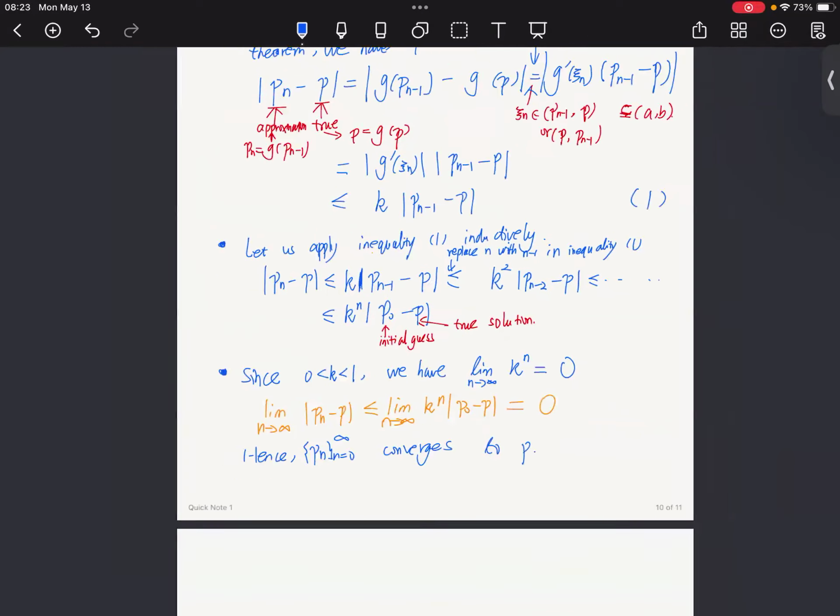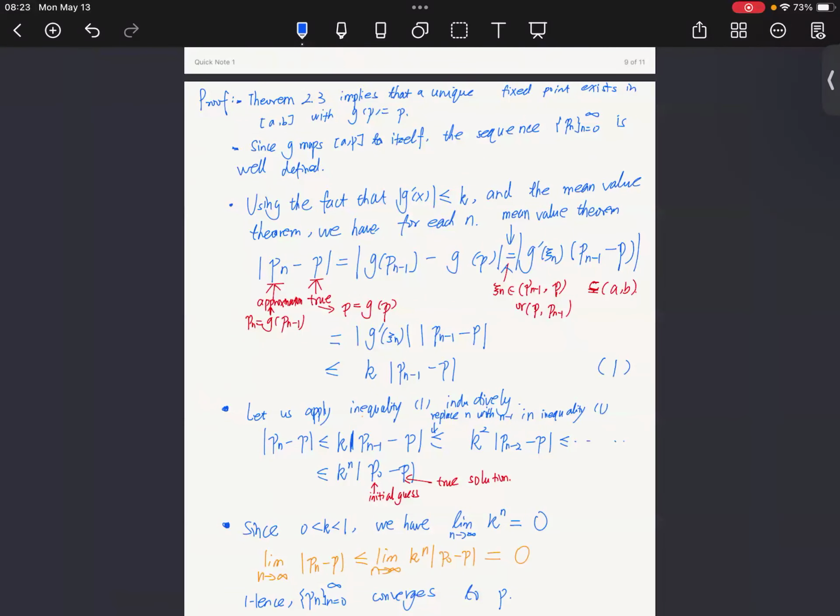So let me give you some overview of the proof. First we need to state the existence and uniqueness, and that this sequence is well defined.